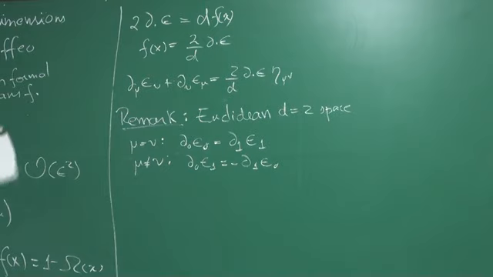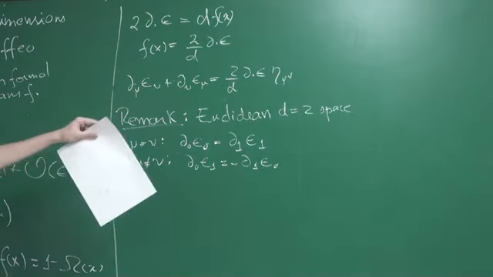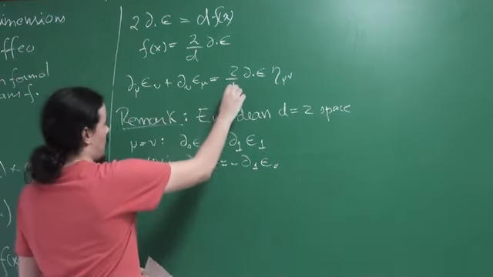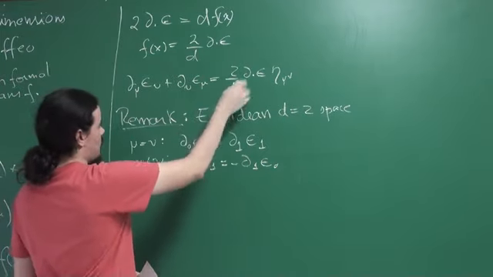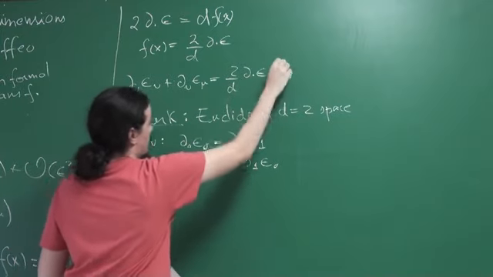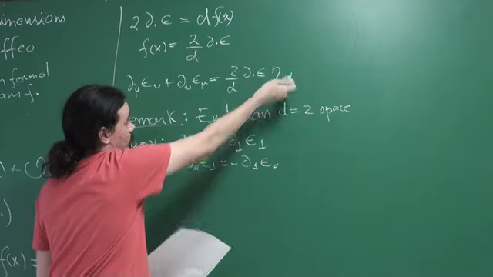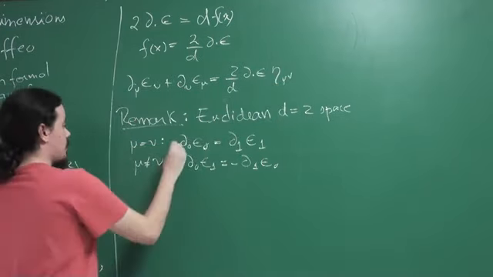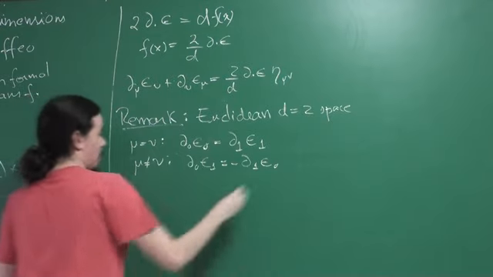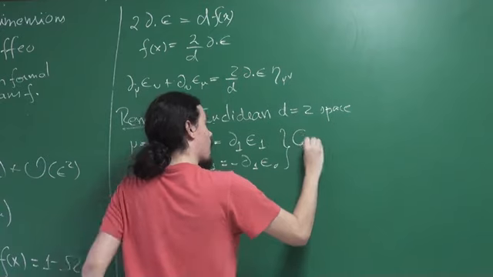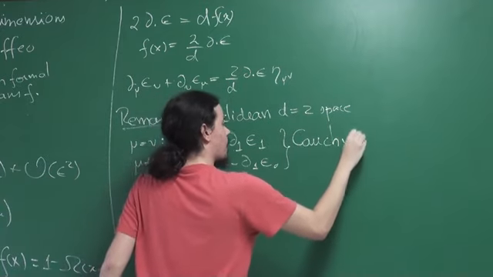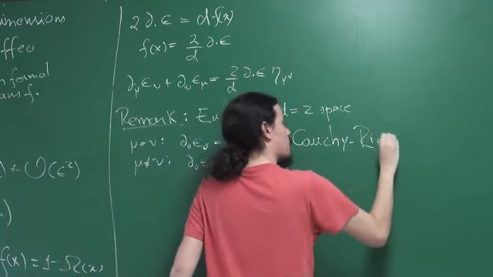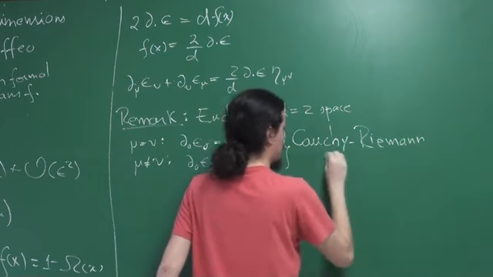Do you want me to do this explicitly? Just plug d in here. This factor cancels. Then just open this up. This metric drops because it's Euclidean, the identity. So we have this set of equations, but this is precisely the Cauchy-Riemann equations.